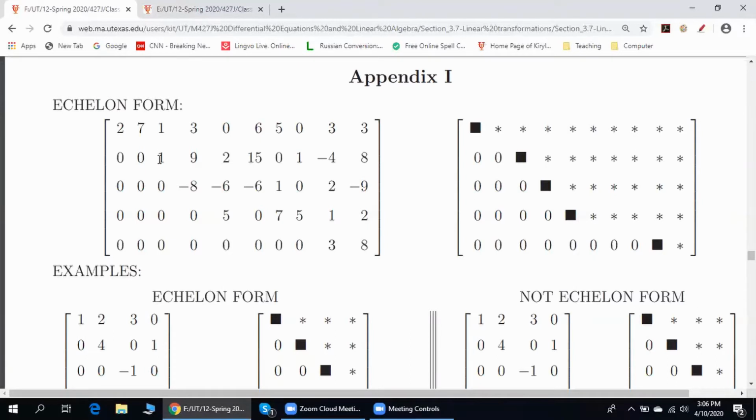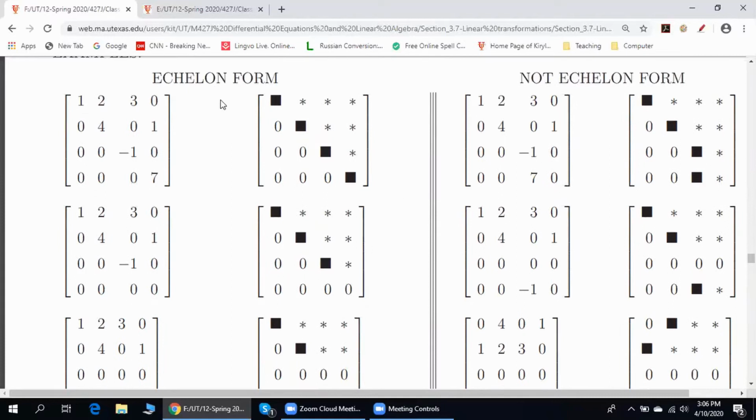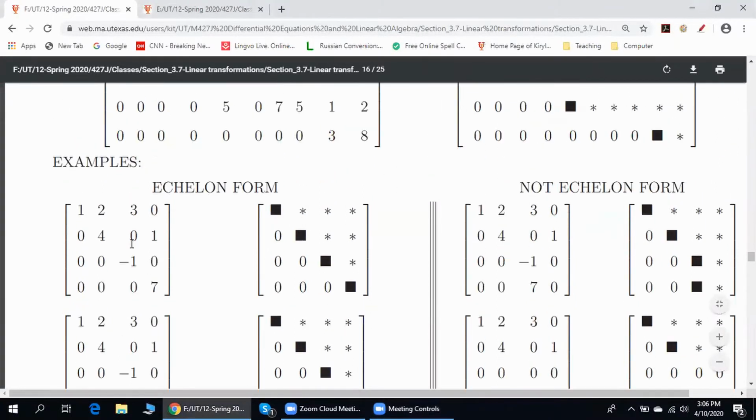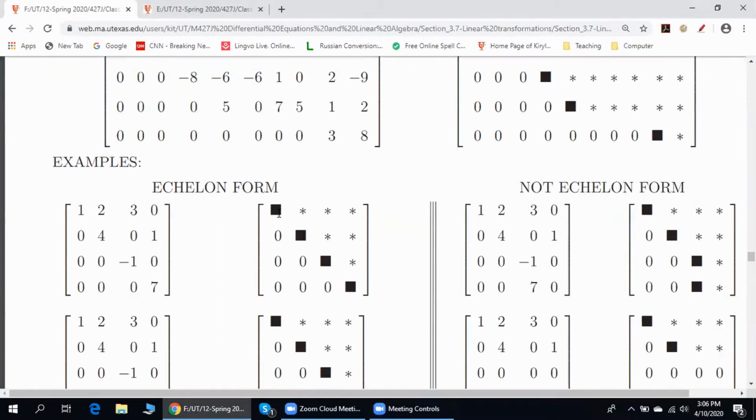Pivot number 1, pivot number 2, number 3, number 4, number 5. Now, over here, we have examples of echelon forms and non-echelon forms. So please take a look. Over here, this is an echelon form because each next black square is on the right, and to the left and beneath, we have zeros.